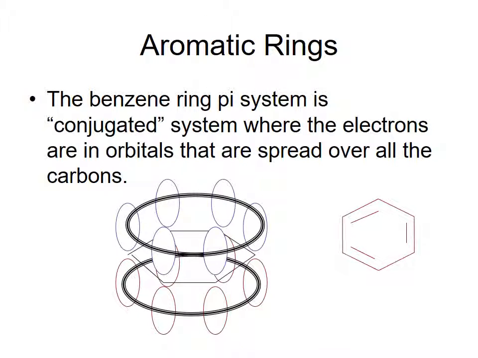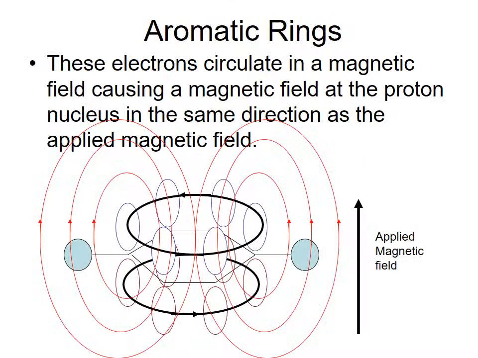The benzene pi system does a very similar thing because benzene has the electrons in a pi system above and below where the protons are. When you put the benzene ring in the magnetic field, they circulate in such a way that they cause the magnetic field at the protons outside the ring to be much stronger.